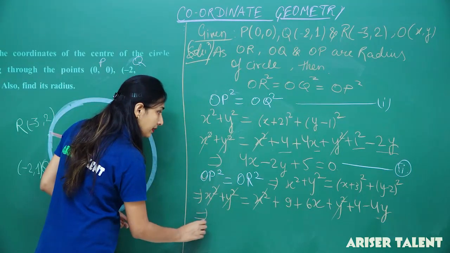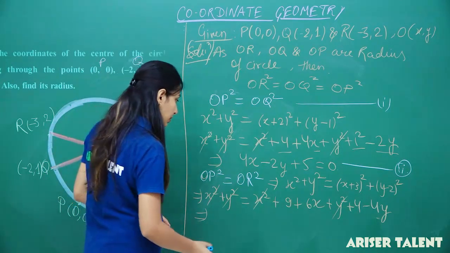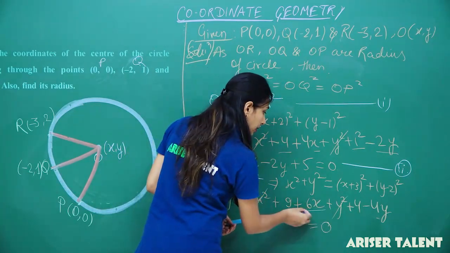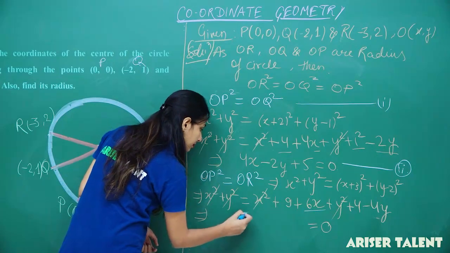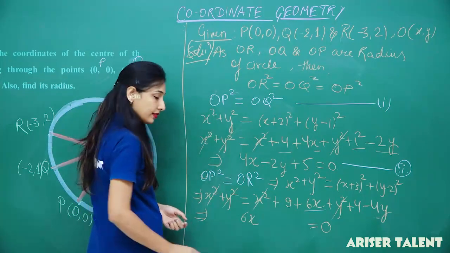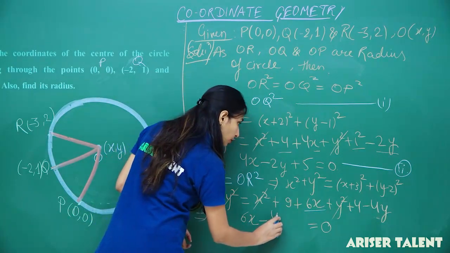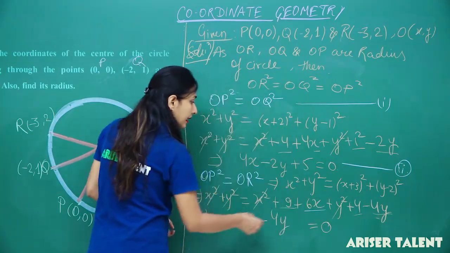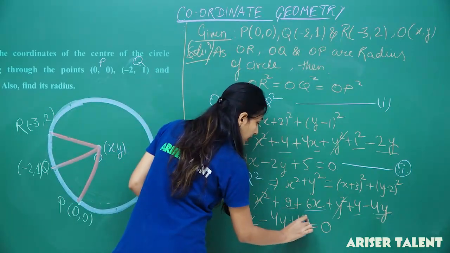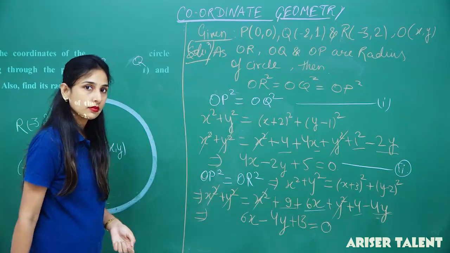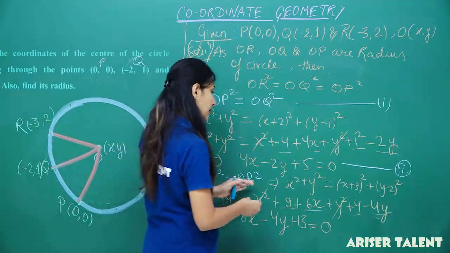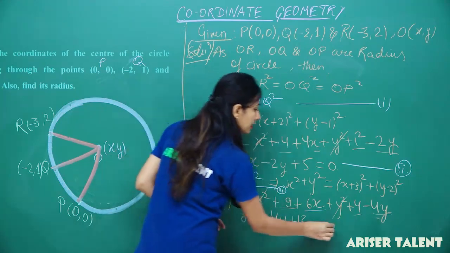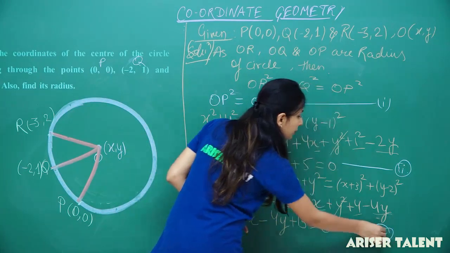So that will be 6x minus 4y, and 9 plus 4, 13, equals 0. This is the third equation, and this is the fourth equation we have got.